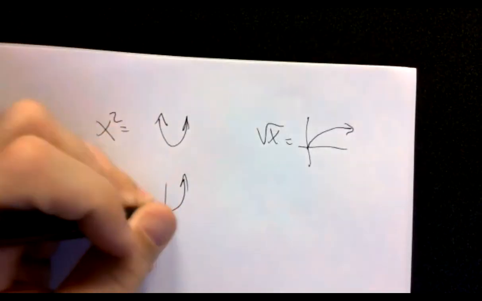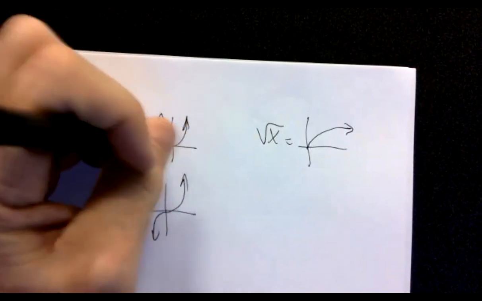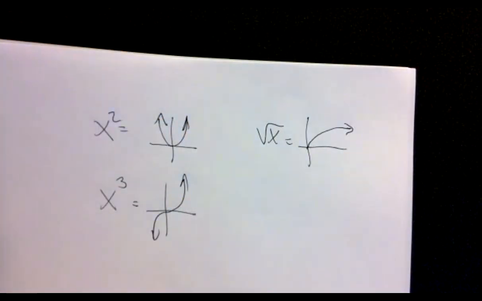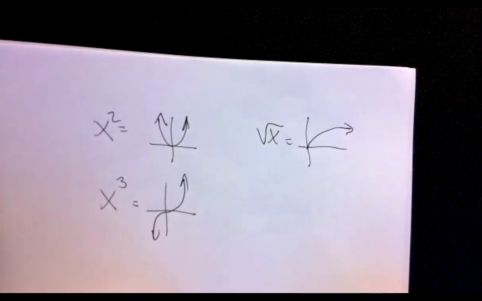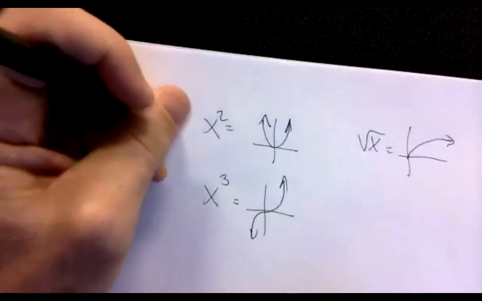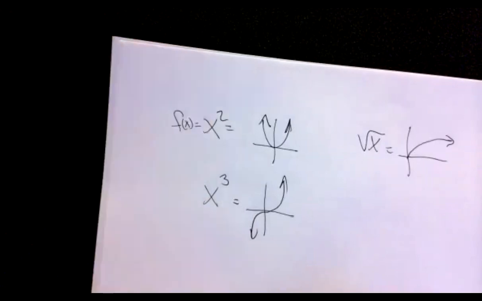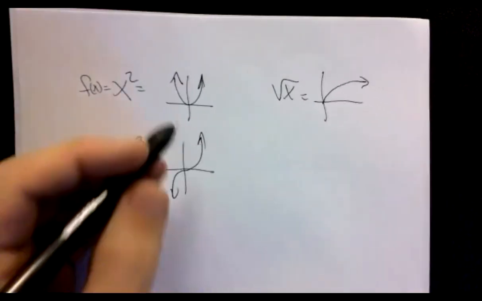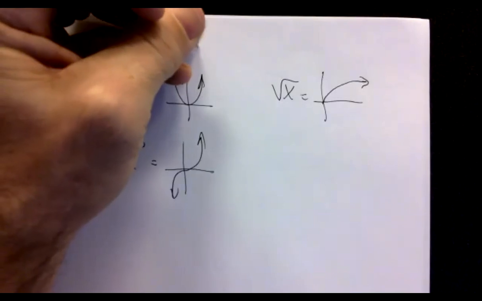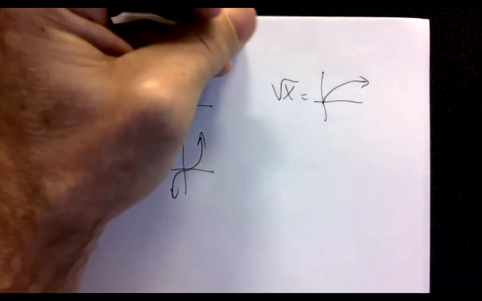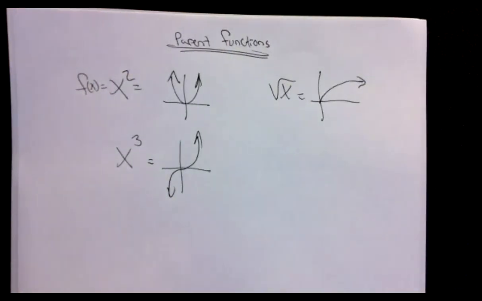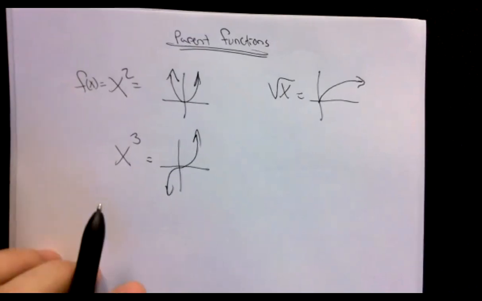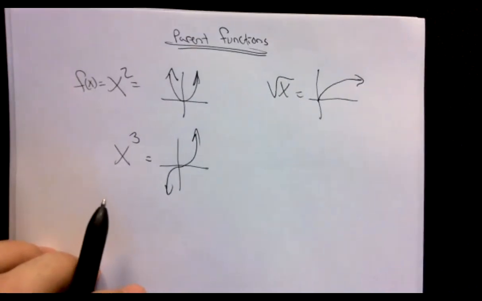I guess technically I should include those as well. This is just your parent function. So if f of x equals this guy, this is what we would call the parent functions. So this is your basic graphs if no changes have happened. And then we should be able to take any of these and do any and all said changes.